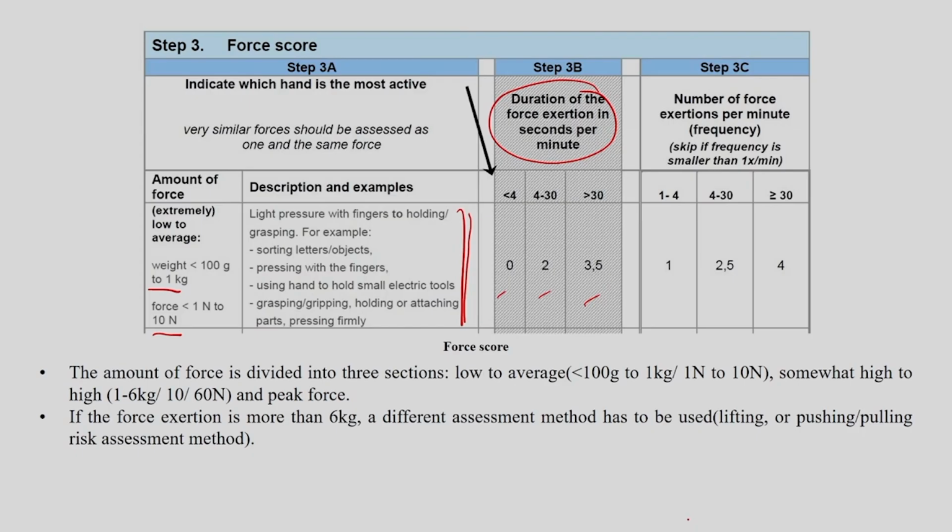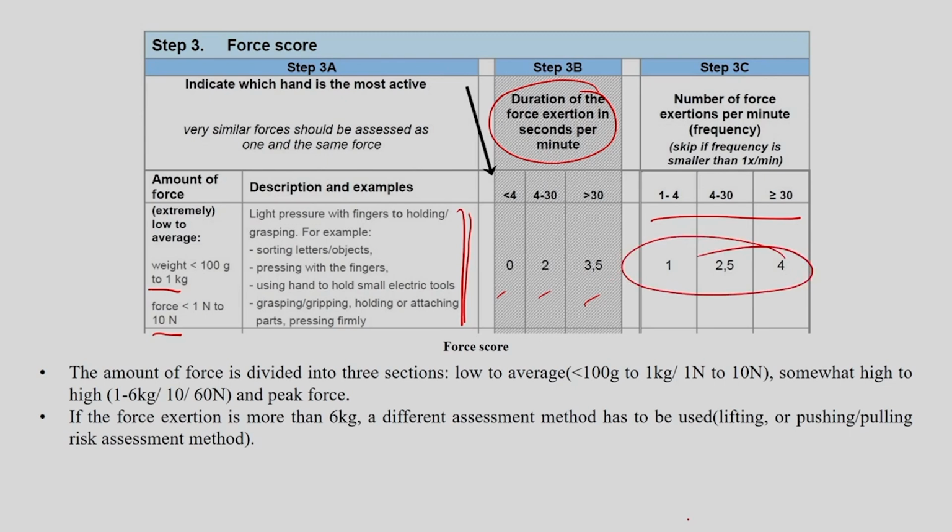Next is your number of force exertions per minute, that is the frequency. Here also you have some pre-computed values, so you have to see where you are standing. So 3A, 3B and 3C.